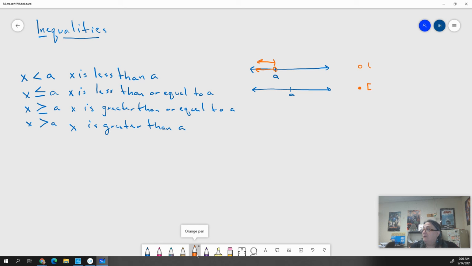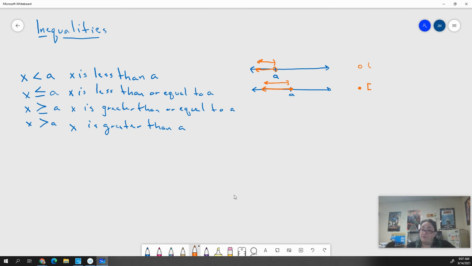Here, we're going to use a closed dot and an arrow, or we could use a bracket to represent it. Right? The bracket means we're including, a parentheses means we're not. A closed dot means we're including A, an open dot means we're not. And that's going to be the case in terms of greater than as well, right? It's just the arrow is going to go in the other direction.